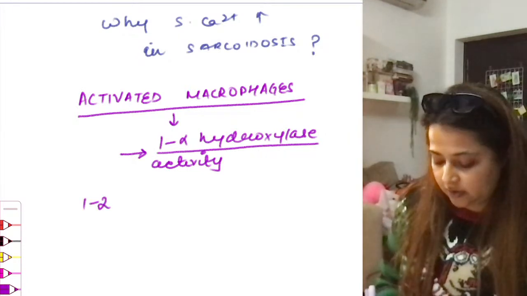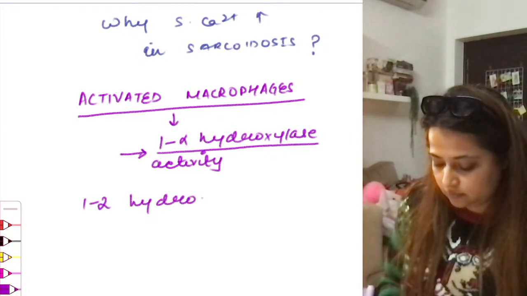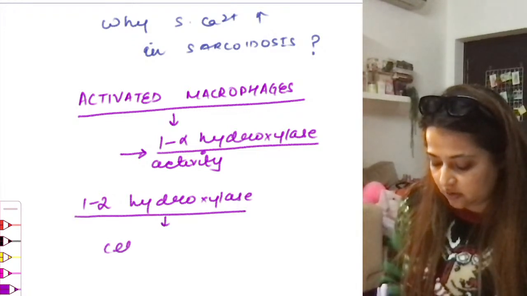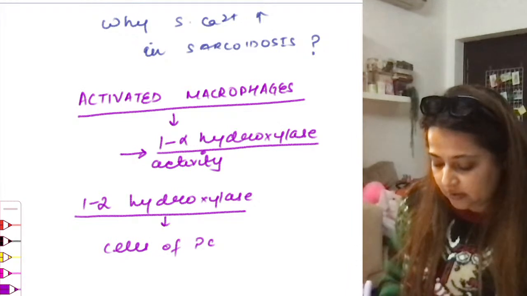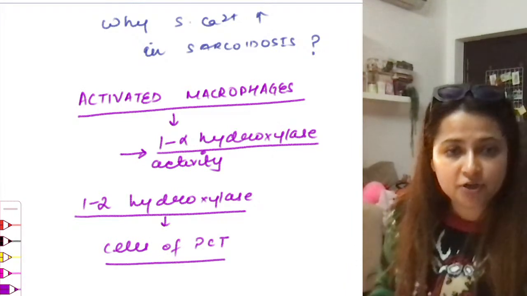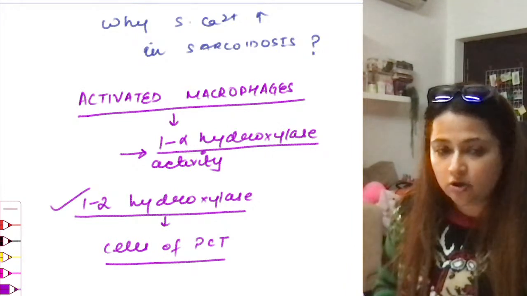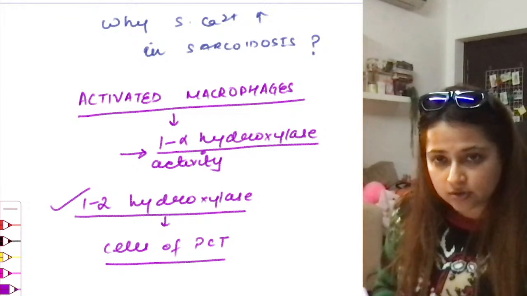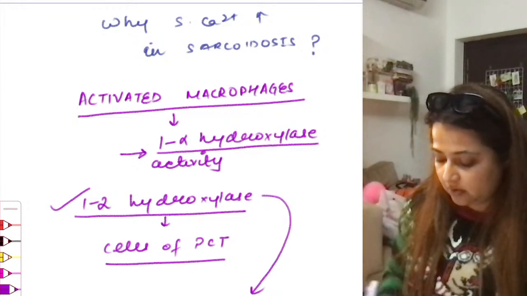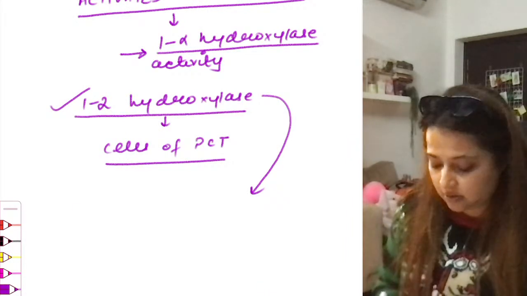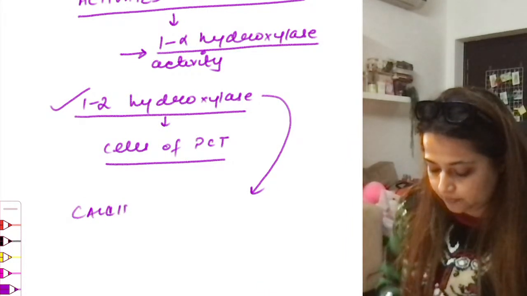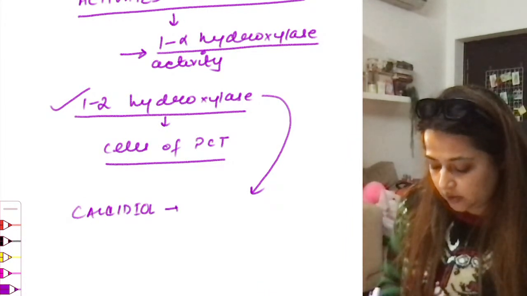This activity is usually present in the cells of the proximal convoluted tubule, the PCT. What is the action of this enzyme? 1-alpha hydroxylase converts calcidiol into calcitriol.